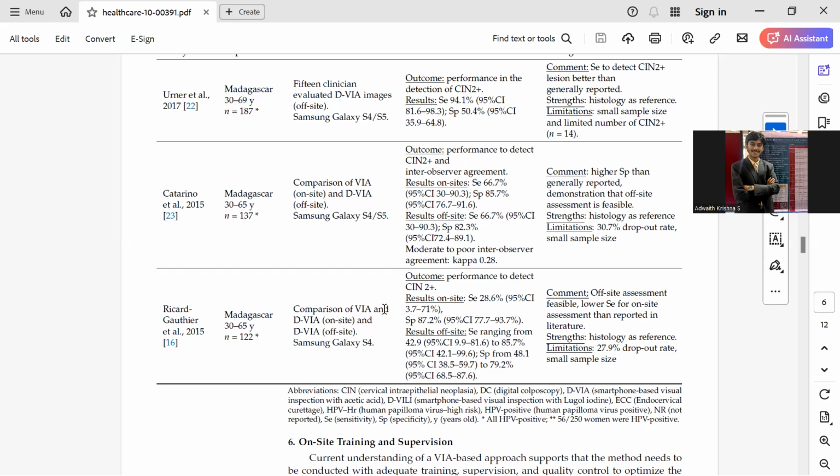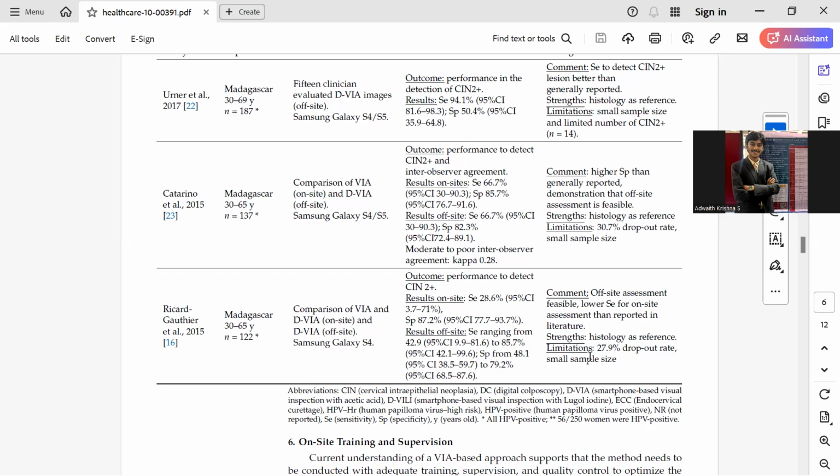So what they did was they used it, and the comment upon that is that offsite assessment was feasible, and histology was used as a reference in the study to test this against the histology of the patient.